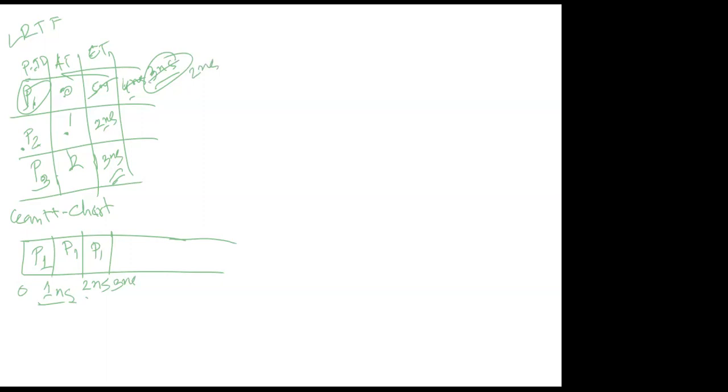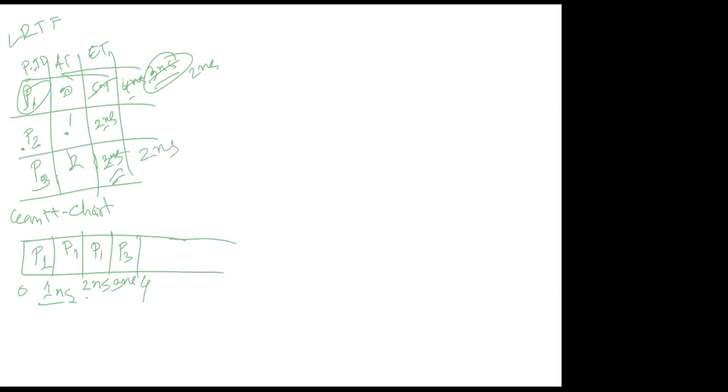After that, again it will check which process needs the longest burst time. So now process P3 needs 3 nanoseconds. So P3 will be scheduled and it will run till 4 nanoseconds here. Its remaining time is 2 nanoseconds.